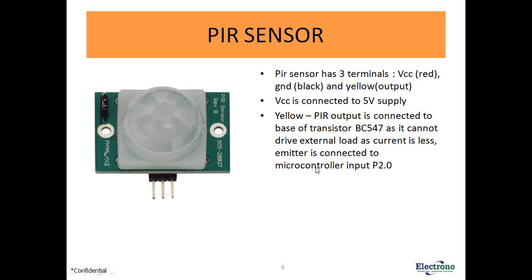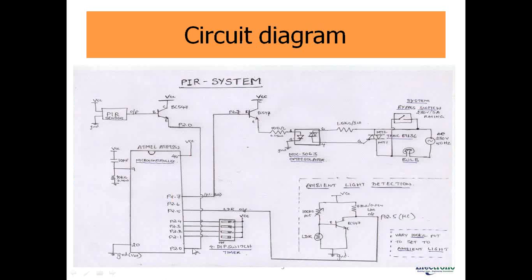The emitter is connected to the microcontroller input, that is the P2.0 pin. So you can see here, this is a BC547. Base is connected to the PIR sensor, then the emitter is connected to the P2.0 pin of the microcontroller.